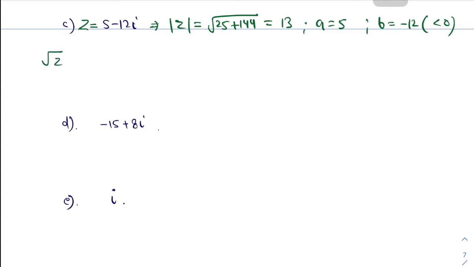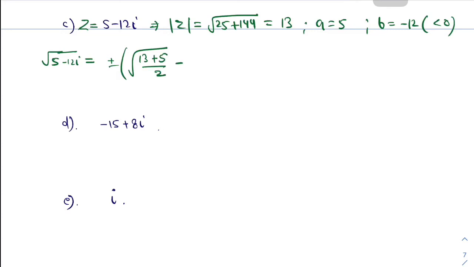So square root of z, that is square root of this 5 minus 12 iota, will be plus minus root over 13 plus 5 upon 2, 13 plus real part.